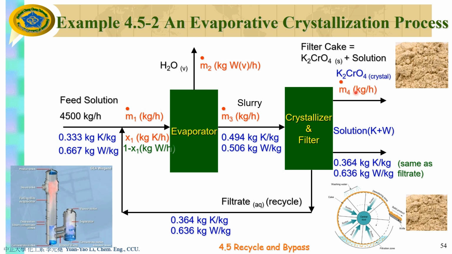So you just write down M4. And this solution, you have potassium chromate and water, you have fraction, so you write M5. So you complete the information here too. And only one left, this will be M6. So these are all the information you know and you don't know.